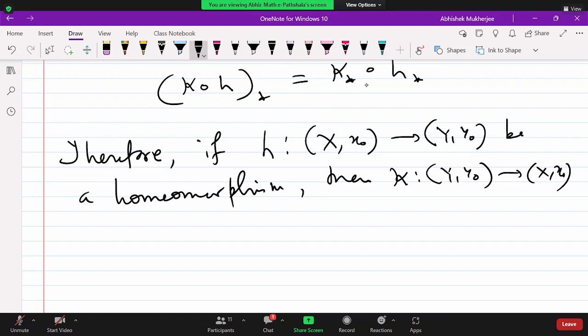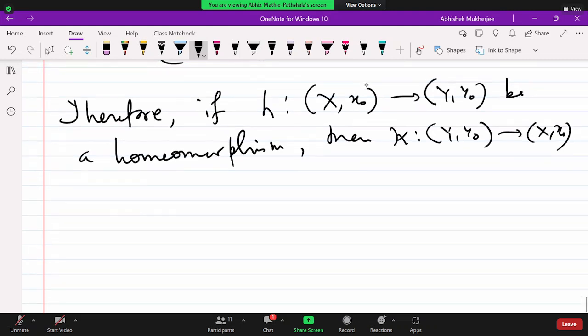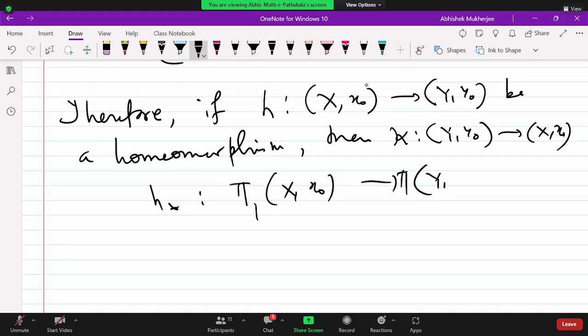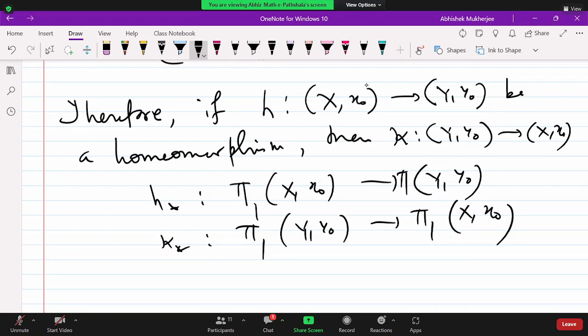So h and k are two continuous maps. h is from X to Y and k is from Y to X. Then h and k will give you two homomorphisms. One is h star from pi 1 of x naught to pi 1 of y naught, and k star is from pi 1 of y naught to pi 1 of x naught.